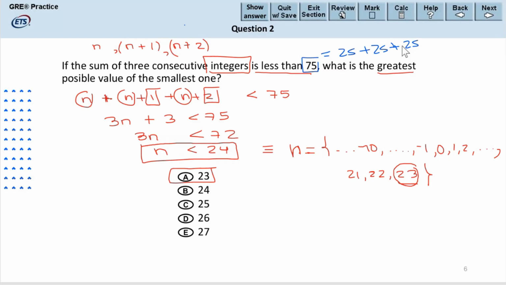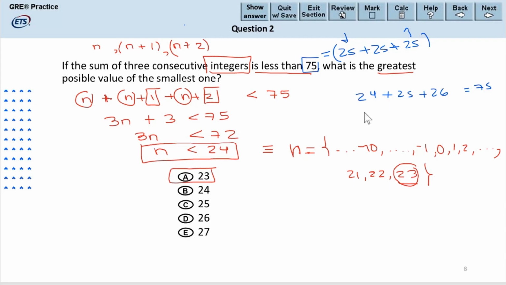So it doesn't take too much elaboration to think of what numbers I could vary in this sum to have instead a consecutive integer sum. Let's say, okay, if I decrease this by 1 and increase this by 1, I would have 24, 25, and 26. And this sum would still be 75.